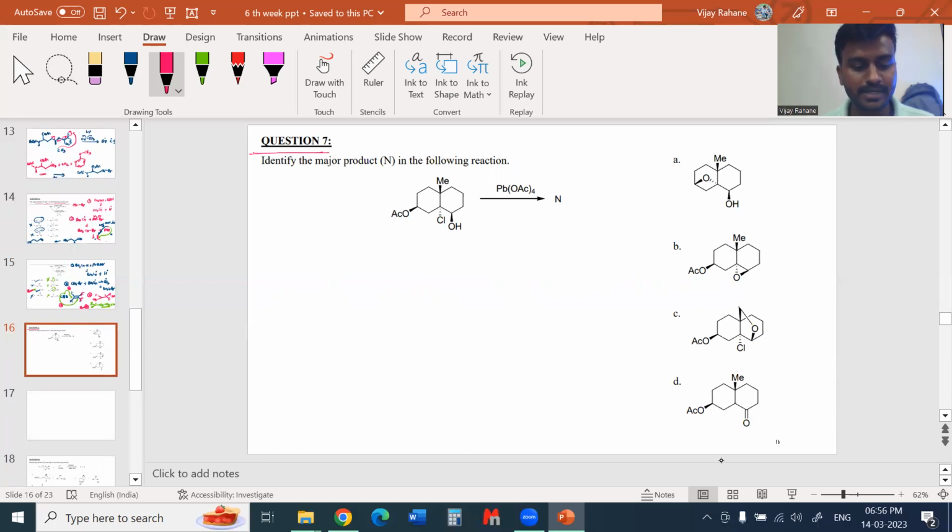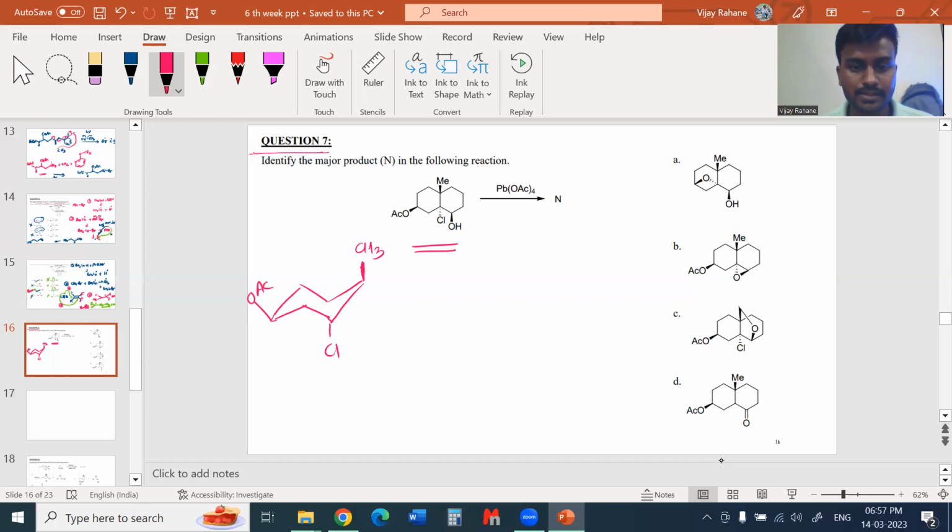To understand the mechanism, we need to first draw this compound in a chair form, right? So if you draw the chair, if you see here, this one is anti, and this methyl is above, right? This chlorine will be below. OAc above, right?